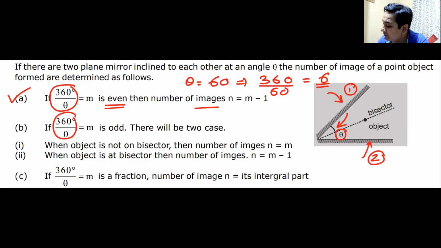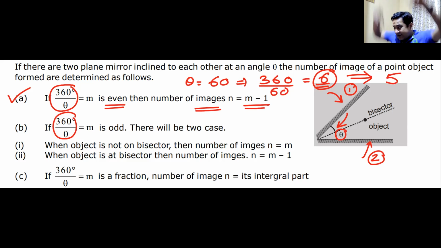In that case, the number of images will be this number minus 1. Subtract 1 from this number. So the total number of images in this case would be 5.